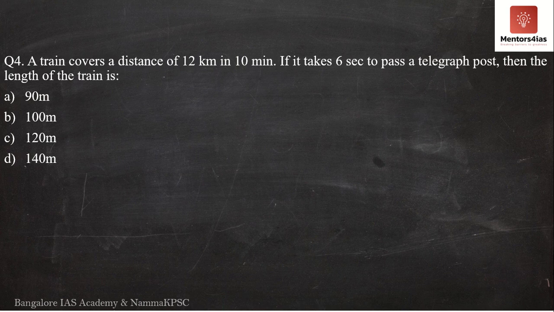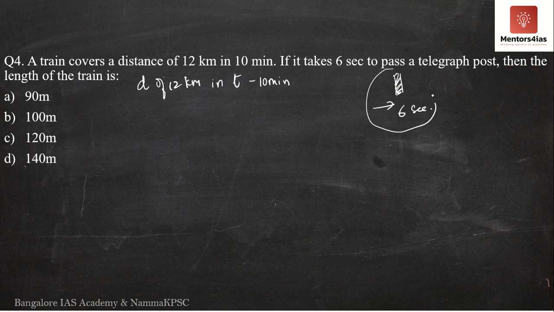Fourth question. The fourth question says, a train covers a distance of 12 kilometers in 10 minutes. If it takes 6 seconds to pass a telegraph post, then what is the length of the train?